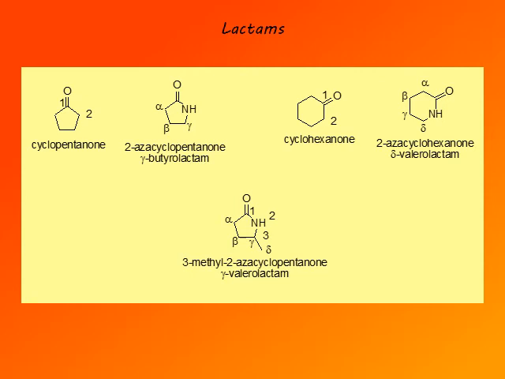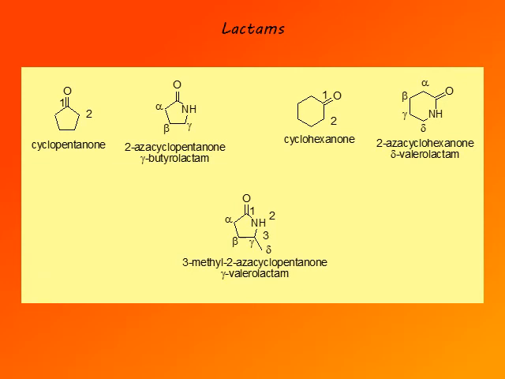Now we are going to look at the nomenclature of lactams. Lactams correspond to lactones. Lactams are cyclic amides where the amide functional group is part of the ring. And the nomenclature corresponds to the nomenclature of lactones. If you learn the nomenclature of lactones, then this is simply a trivial extension. Just like lactones, they are named after the names of the corresponding cyclic ketones.